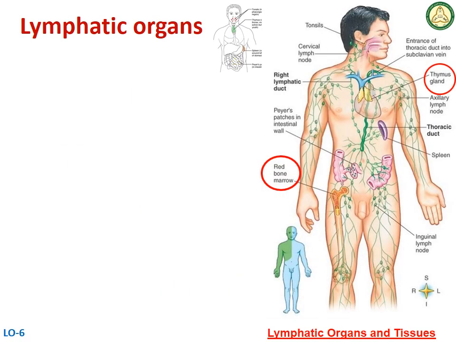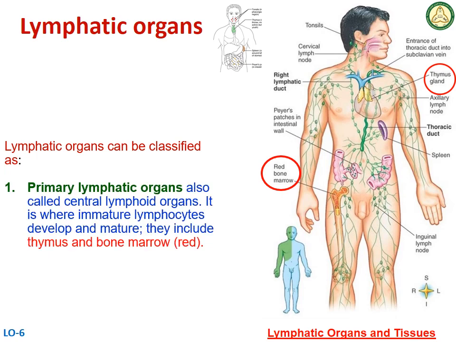Okay, coming to the next slide, lymphatic organs. Lymphatic organs can be classified as primary and secondary. Primary lymphatic organs, also called central lymphoid organs, are where the immature lymphocytes develop and mature. They include the thymus and bone marrow.